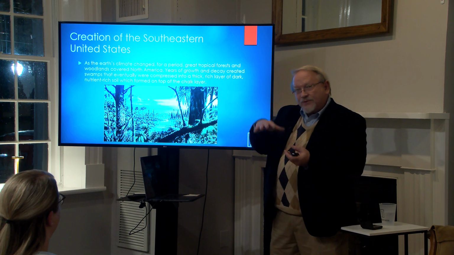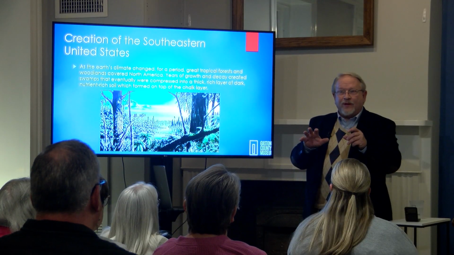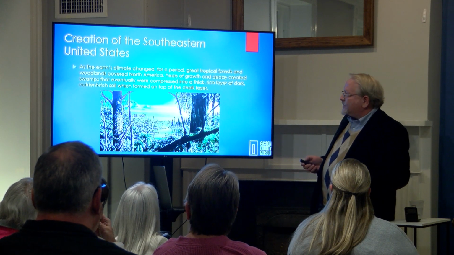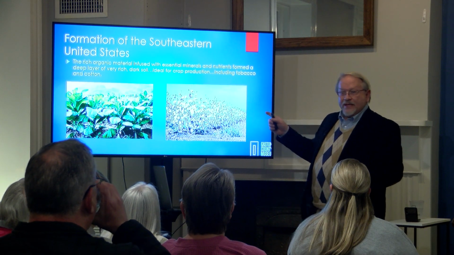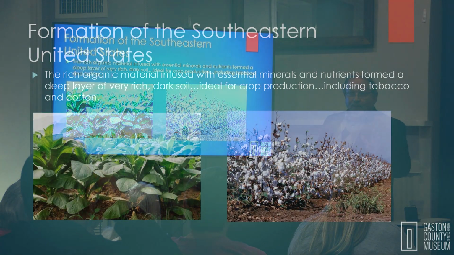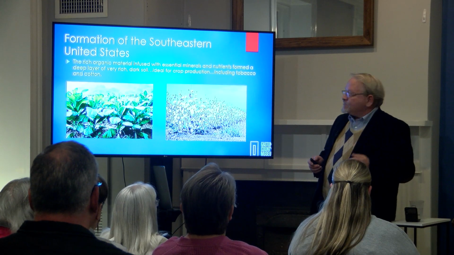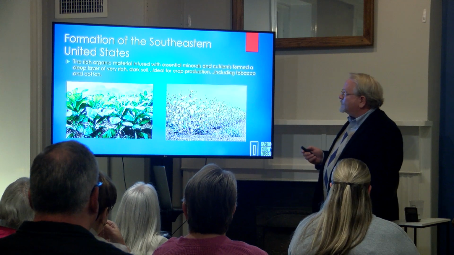And that infused with the Selma chalk layer to make that really nutrient-rich soil. And that made it really unique even in the United States. It could really grow anything in the Southeast, but two of the key crops to North Carolina were cotton and tobacco. And those play into, of course, what's coming up and why North Carolina was important to the British Empire.